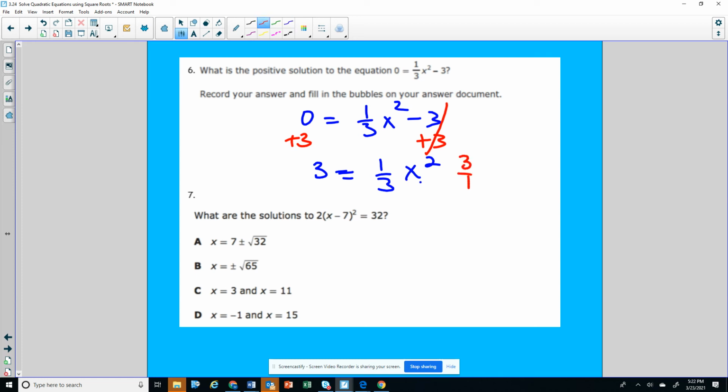That's the reciprocal of 1/3. But what I do to one side, I must do to the other side, 3 over 1. Okay? So, in fact, let me put it next to the 3 over 1 right here. Cancel out, okay? So that goes away, and I'm left with now 3 over 1 times 3. That's just 9 over 1, which is just 9. So 9 is equal to x squared.